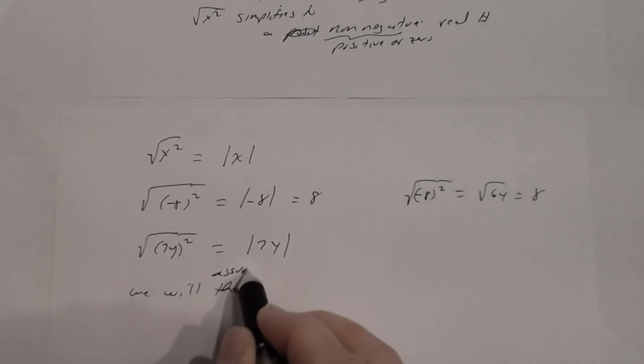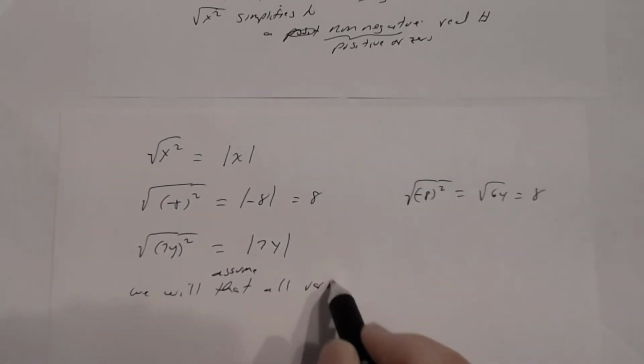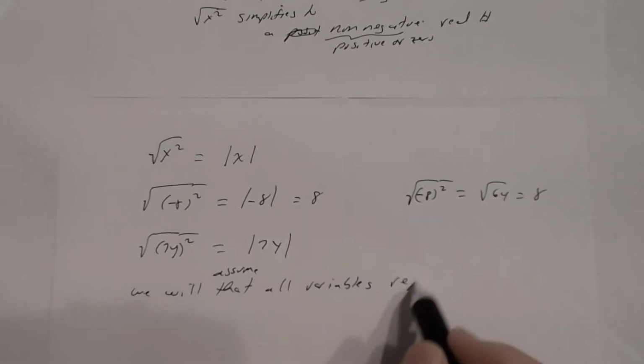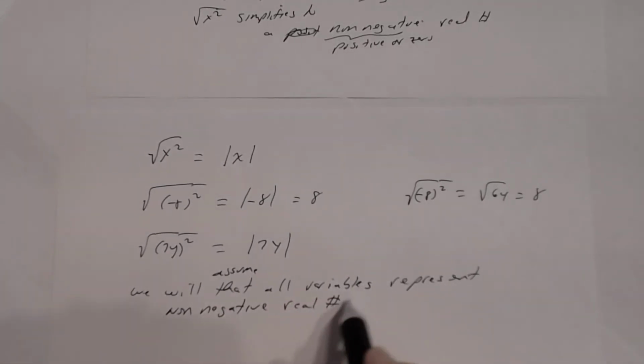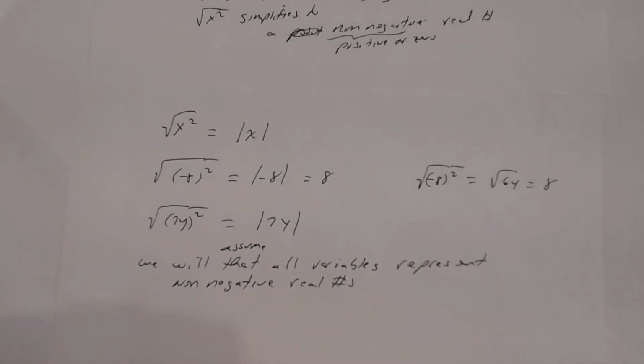So for our lesson, and for the next few lessons that we're going to look at, we will assume that all variables represent non-negative real numbers. So in other words, I don't have to worry about absolute value bars. So from this point forward, we're going to forget about the absolute value bars, okay?